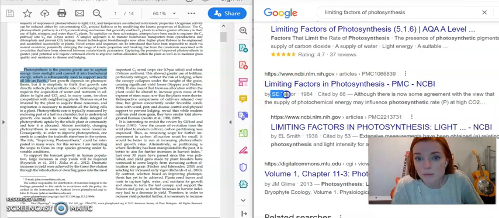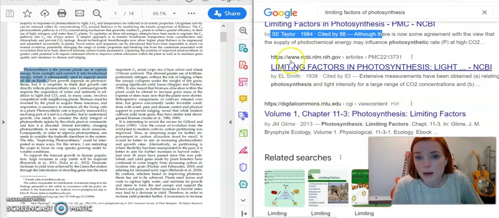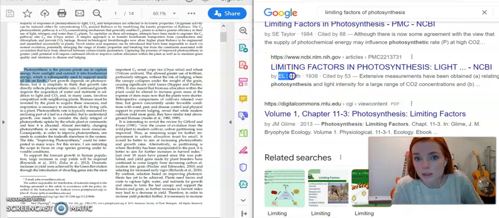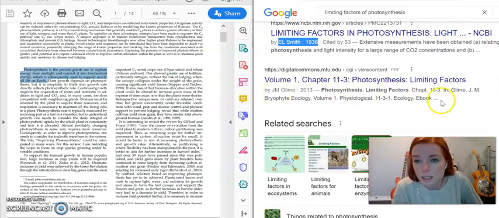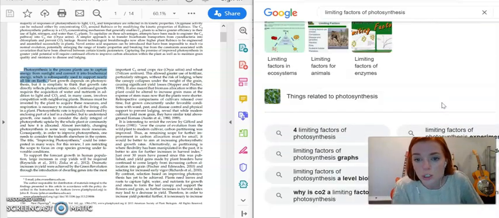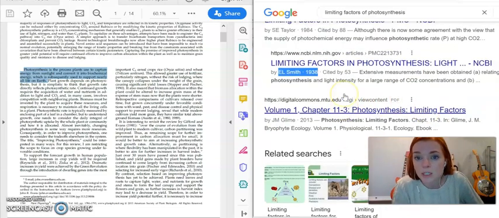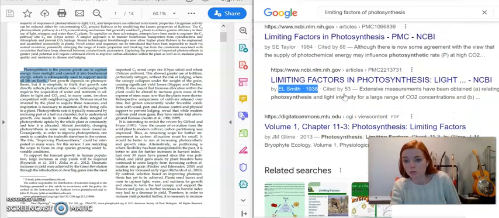This is written by a book. And then we've got this one here. This is also written, but this is old, 1938, so it could be outdated information. And then we've got another thing that looks like it's either a book or an article. So those are the sort of things that you want to be clicking on to see if it is useful for you for your information.